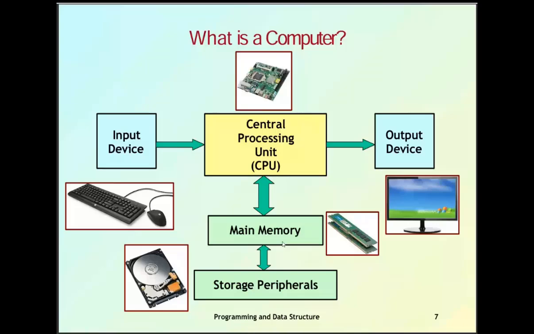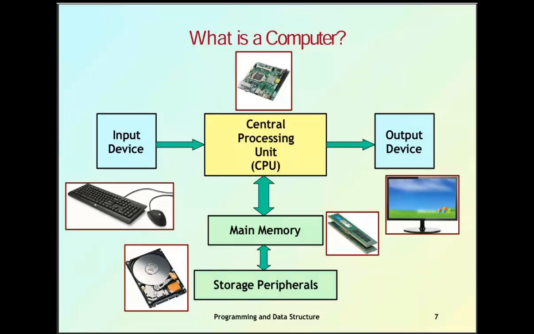Whereas if we need to store something permanently so that in future we will be able to fetch it and perform some modification on it, for that purpose we use the secondary storage. Your hard disk can be seen as one of the secondary storage. As you can see in this figure, this is nothing but the hard disk of any computer.